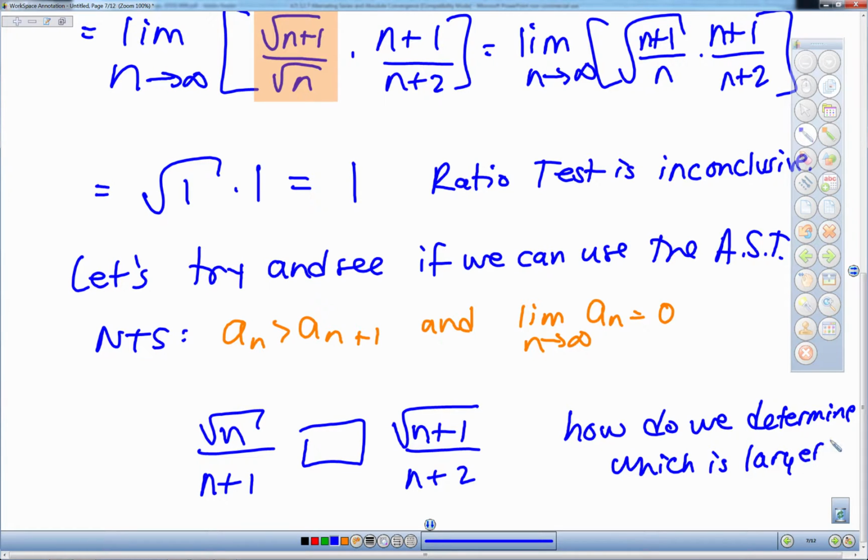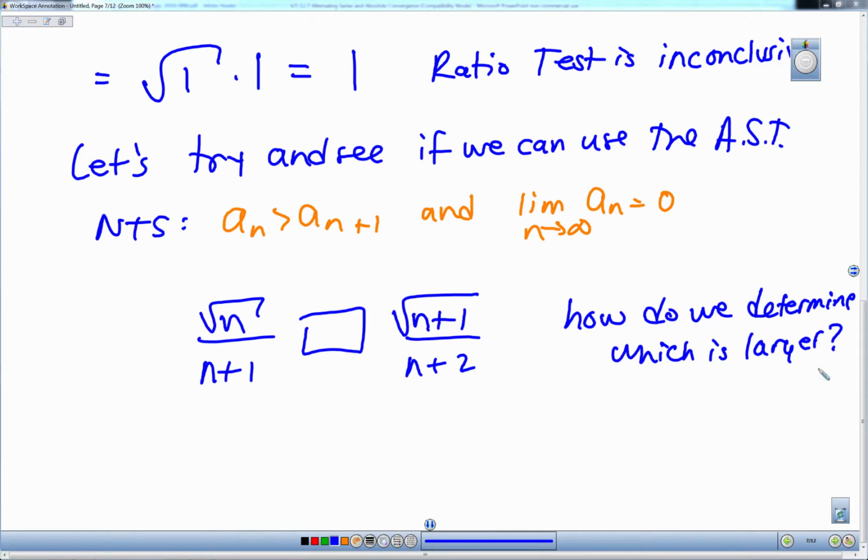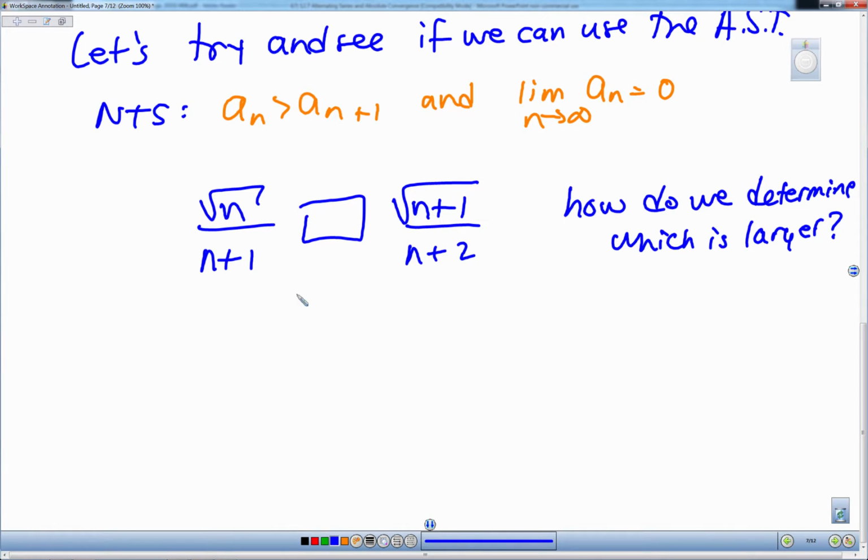Well, if we have a calculator handy, then we can start plugging in n values, and that's one way that we can try to determine which is larger. But let's practice using a more rigorous approach, using some first semester calculus from AB Calc.